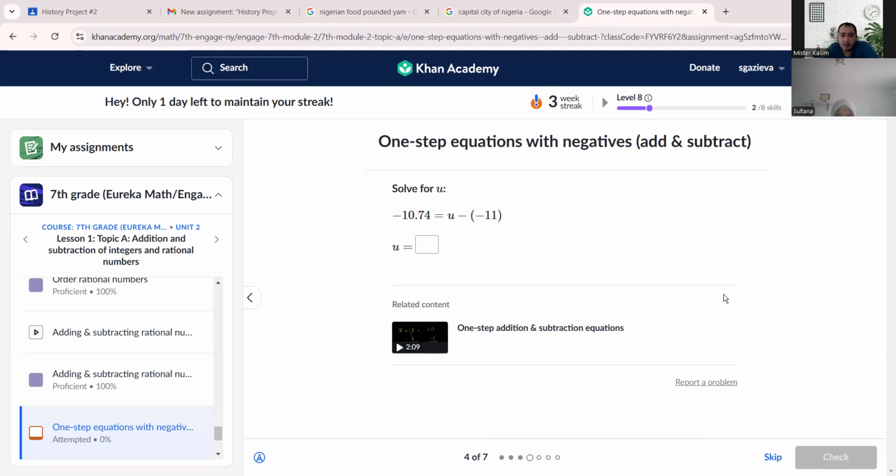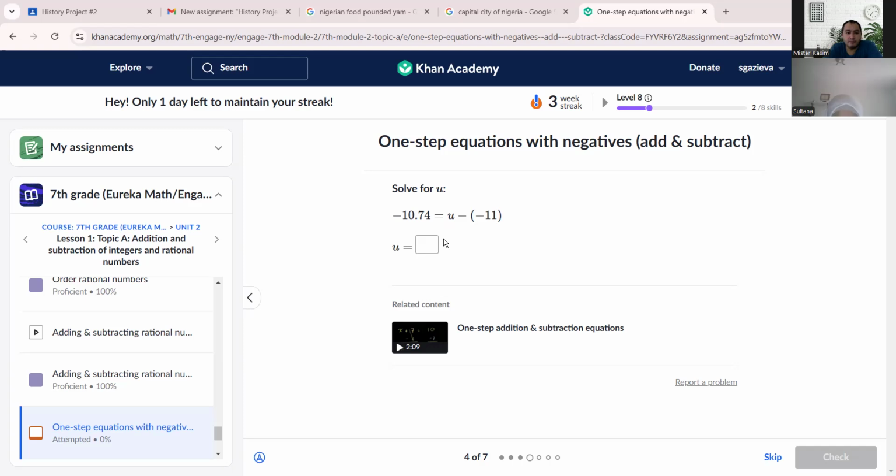And now you move 11 to the left-hand side. So the answer will be minus 21.74.